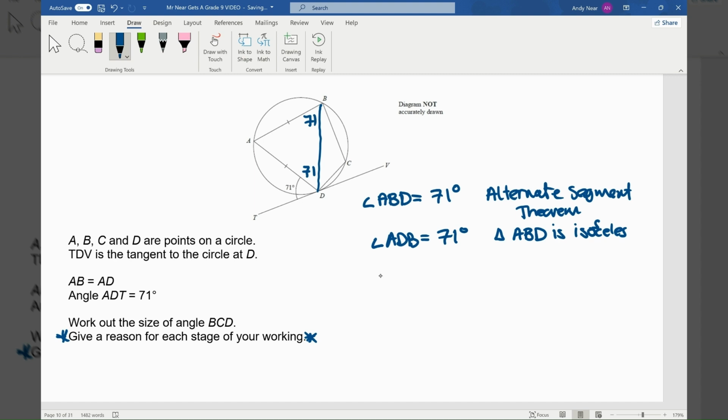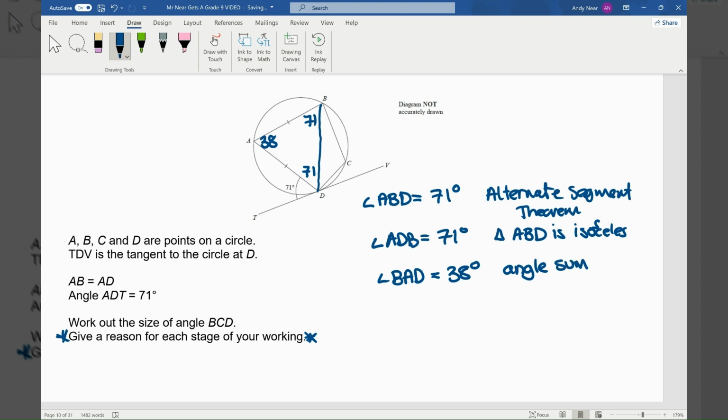In triangle ABD, angle BAD over on the left-hand side is going to be equal to 38 because 71 and 71 add up to 142 and 142 needs 38 more to complete the angle sum. So this is for the angle sum in triangle ABD.